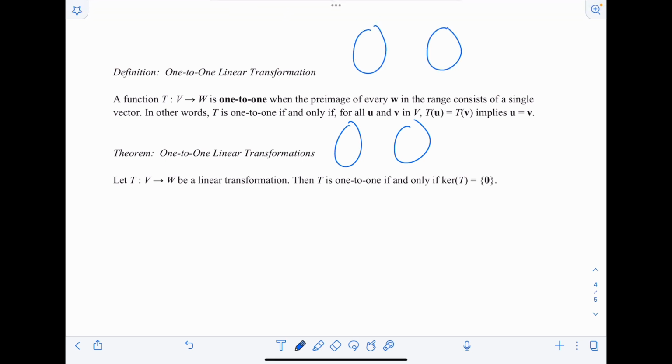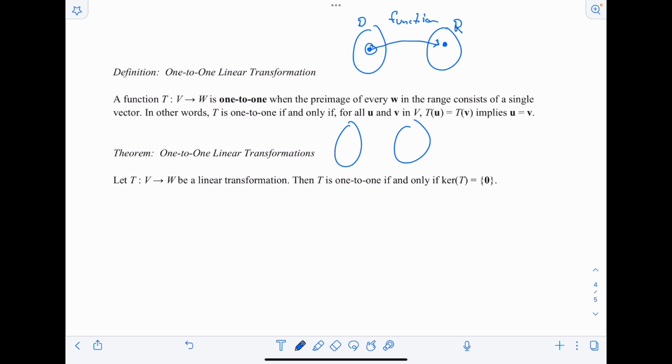In order to be a function, remember functions have to follow a special rule that says if I have an element in the domain and I'm mapping to the range, that element can only map to a single value in the range. I can't have this element in the domain mapping to more than one element in the range.